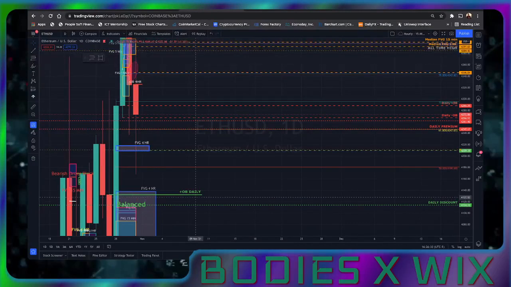Now, right now that I'm realizing what's going on, I need to close my trades. Here we go. It wasn't a huge amount, but I had 5 times leverage.